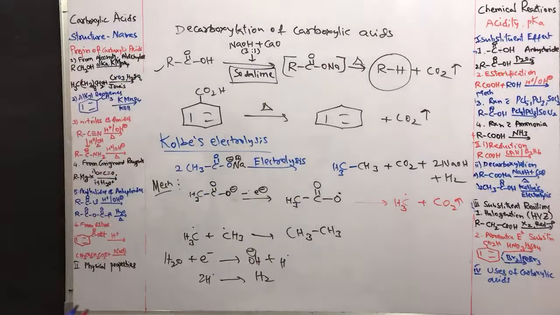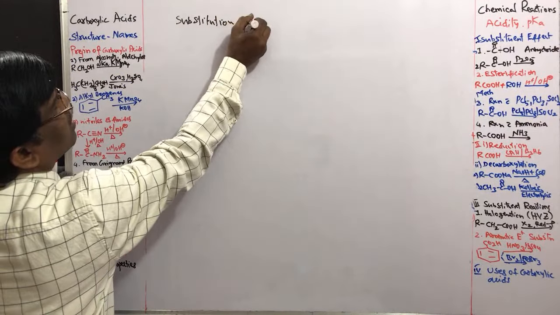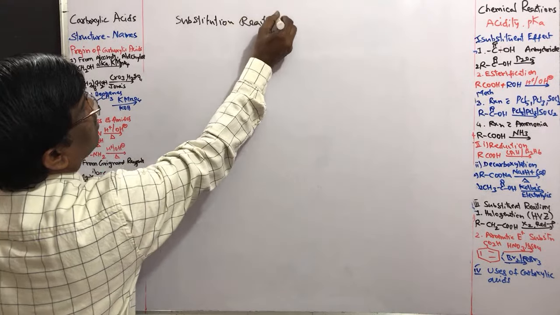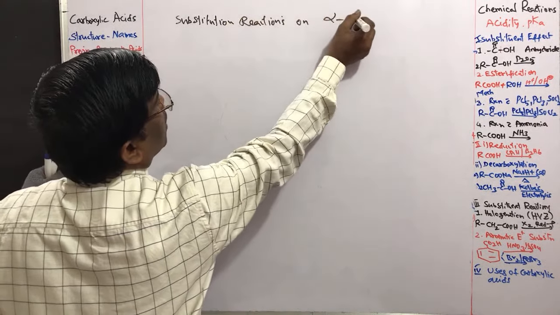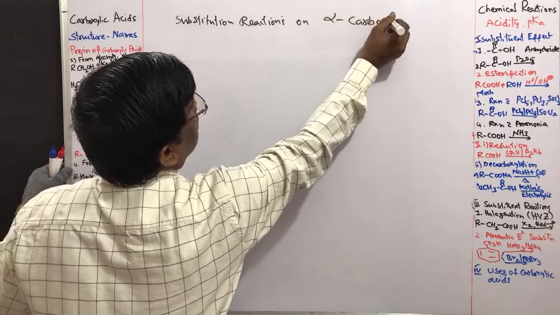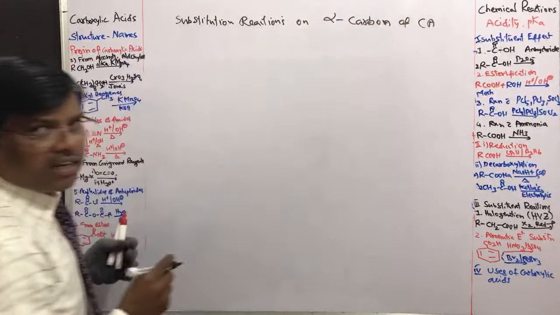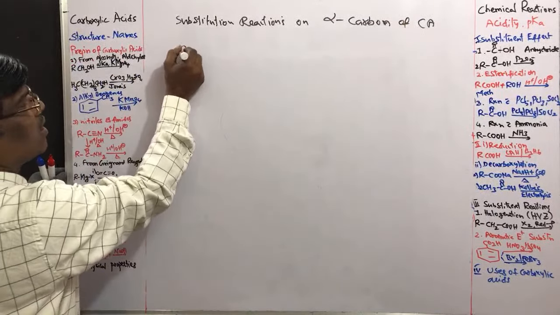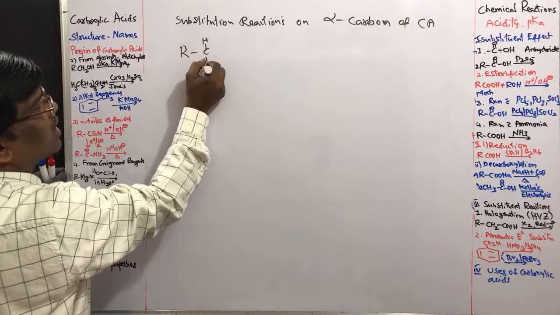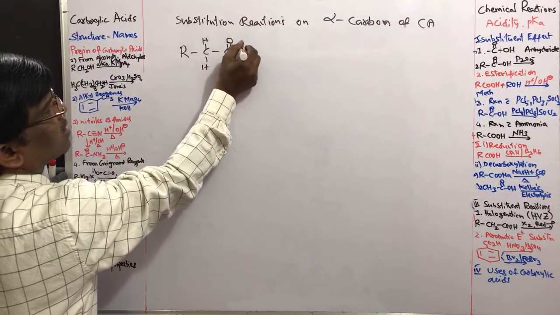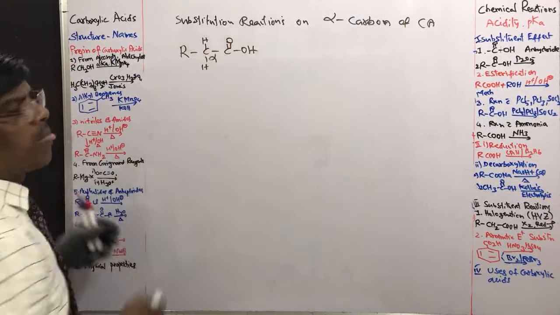Next, substitution reactions on the alpha carbon of carboxylic acid. Right? So what is the alpha carbon? In RCH2COOH, this is the alpha carbon.